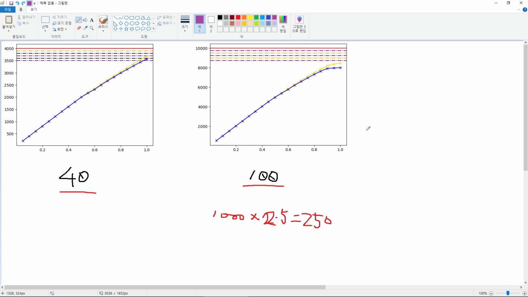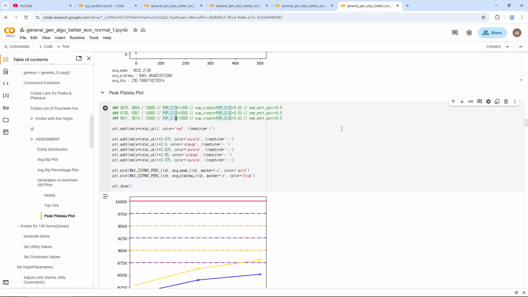So one of the few ways of doing that, I thought, would be to change the number that is applied to the population size in order to get the numCreate, or change the new entity percentage, which is how much of the newborns are selected and put into the world.